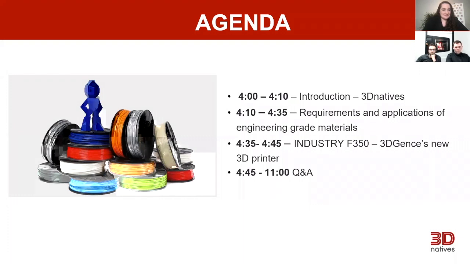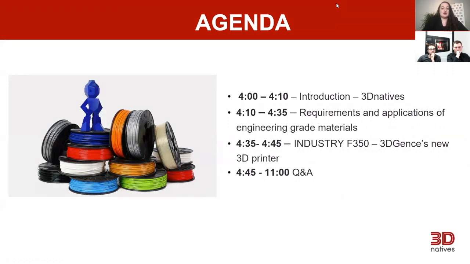If we could just move to the next slide, I am just going to present the webinar itself so you know what to expect. The first 10 minutes are going to be the introduction done by 3Dnatives, which is myself. We will then be moving into the sector that talks about the requirements and the applications of engineering grade materials. Finally, we will be presenting 3Dgents' new printer, the Industry F350, talking about its specs as well as how it can be effectively used for printing engineering grade materials.